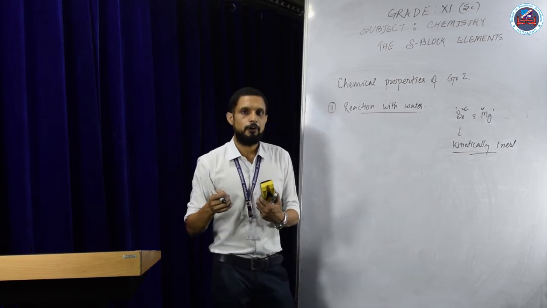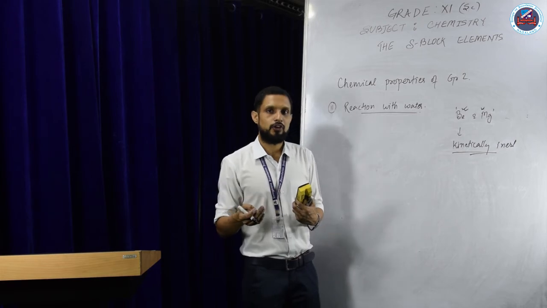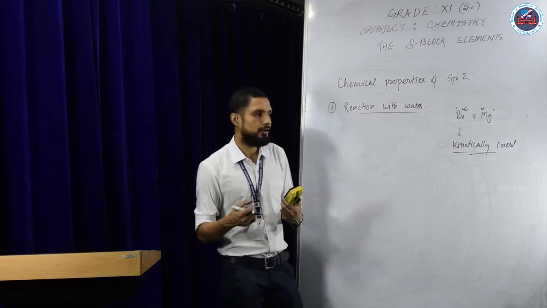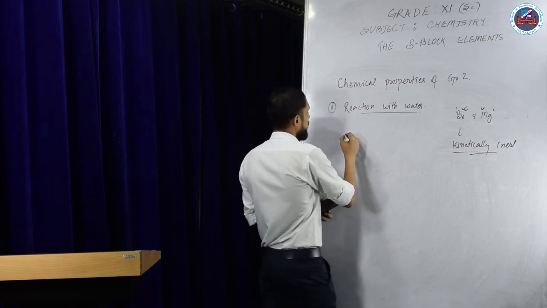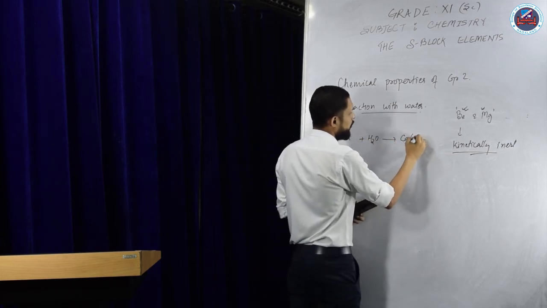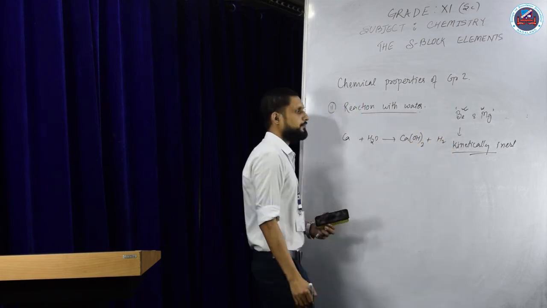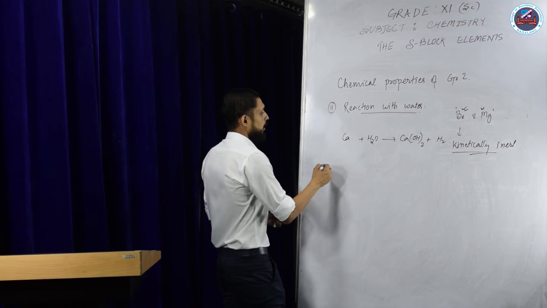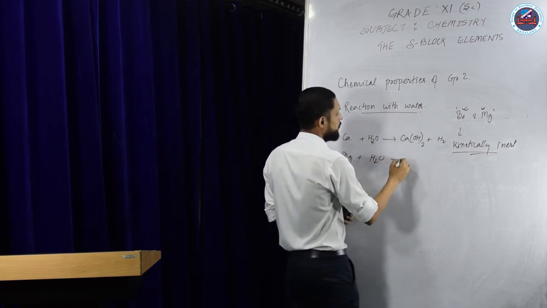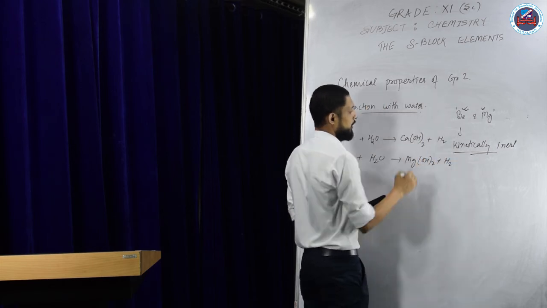However, they react under favorable conditions. Whereas the rest of the elements easily react with water to form their respective hydroxide and hydrogen gas. Say if calcium reacts with water, it will form calcium hydroxide, that is Ca(OH)2, and hydrogen gas. If magnesium, under favorable conditions, reacts with water, it will form magnesium hydroxide and hydrogen gas.